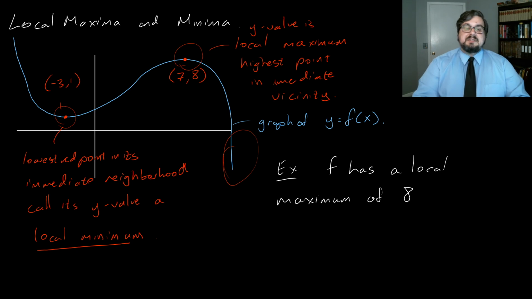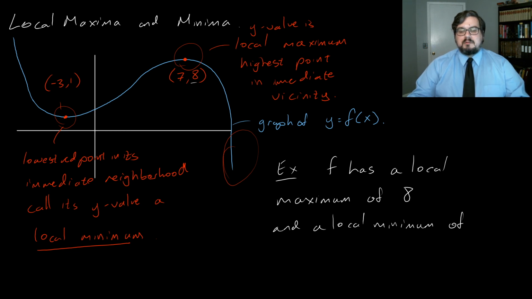That's because this point here, at the peak of one of the hills in the shape of the graph, has a y value of 8. And we also say that it has a local minimum of 1, because if we look at the red point at the base of the valley over on the left side of the graph, it has a y value of 1.